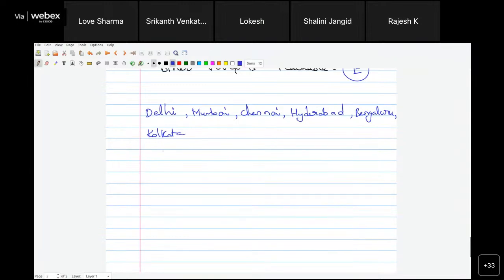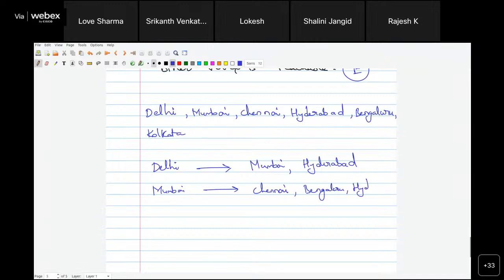Let's suppose from Delhi you have direct flights to Mumbai and Hyderabad. From Mumbai, you have direct flights to Chennai, Bangalore, and Hyderabad.